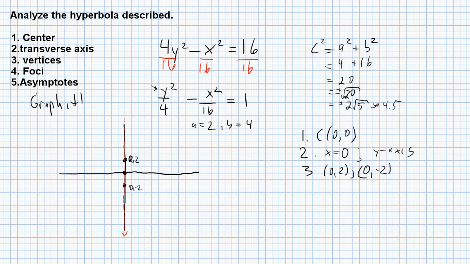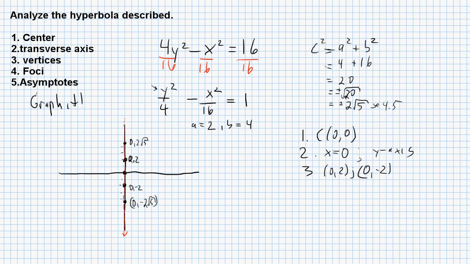Since it's vertically oriented, from the center we're going to go up 1, 2, 3, 4.5 about, and then down 1, 2, 3, 4.5 about right there. So this is going to be 0, 2 rad 5, and 0, negative 2 rad 5.